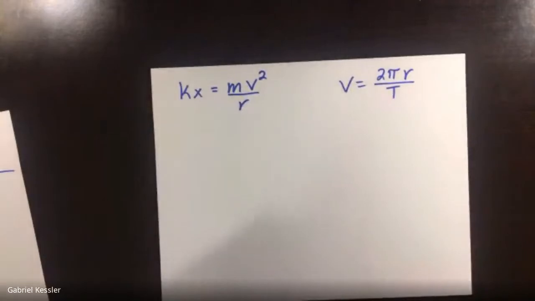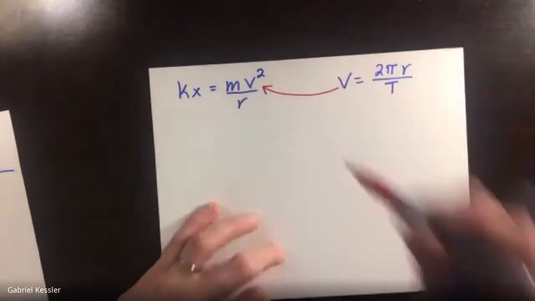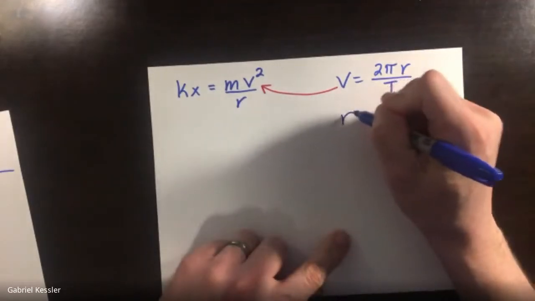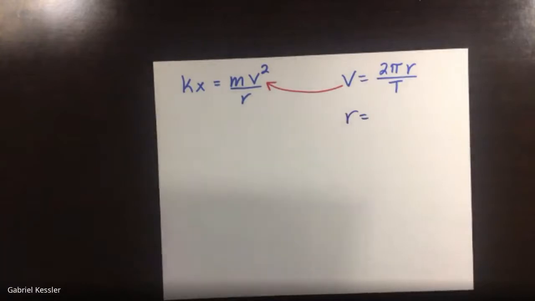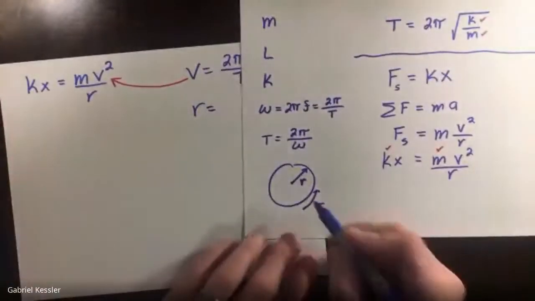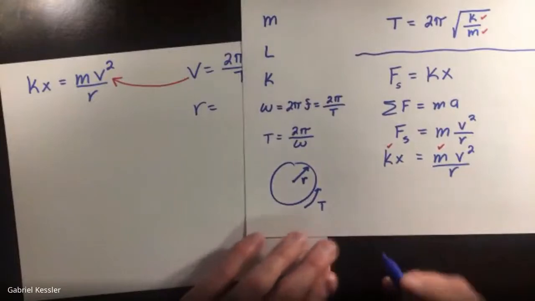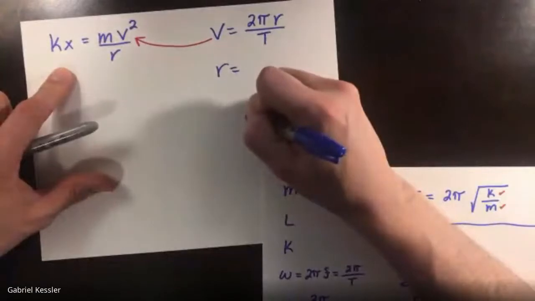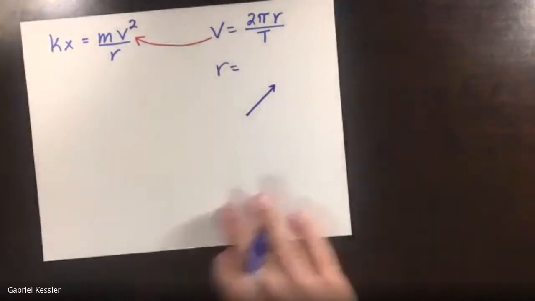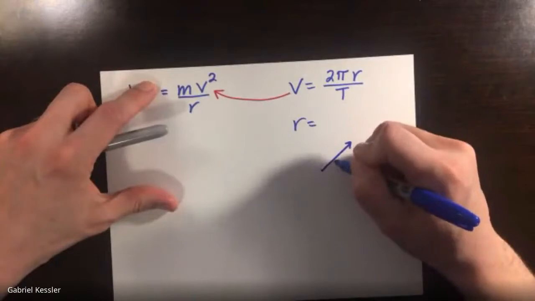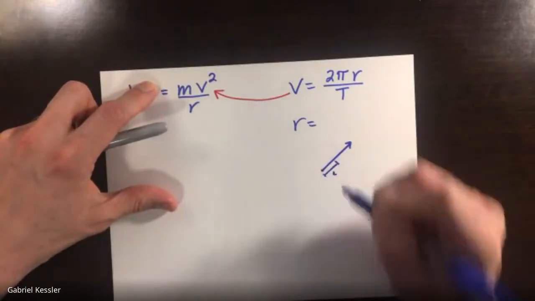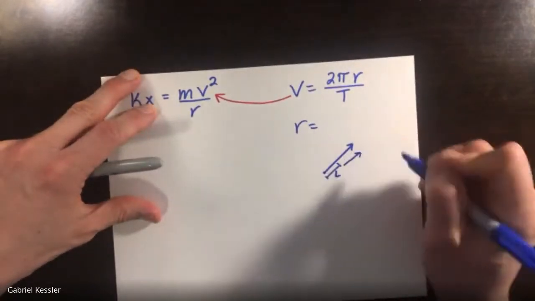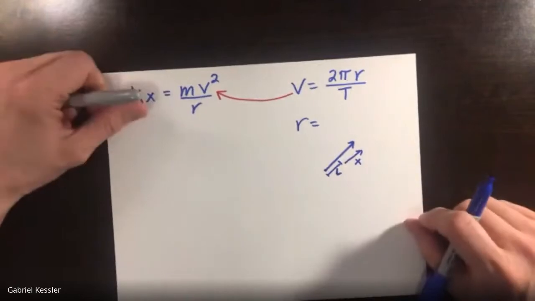If we take that and plug it into our equation, we'll get to that in a second. One thing I want to mention is the radius. If you think about the radius as this is going around in a circle, that radius includes 2 things. It's going to include the original length of the spring, and then it's going to include how much it's stretched.